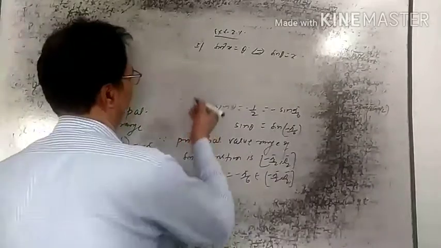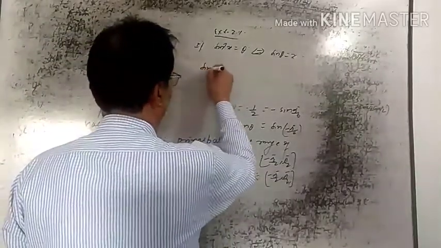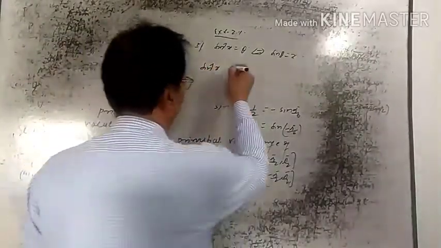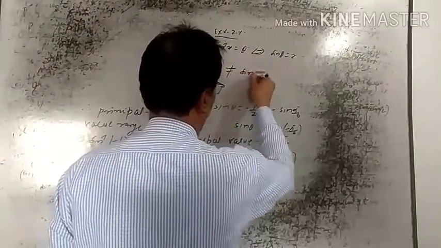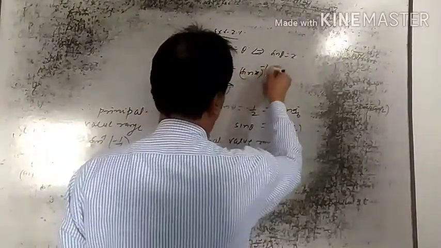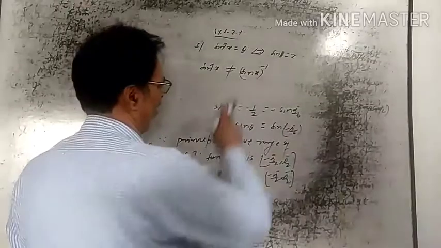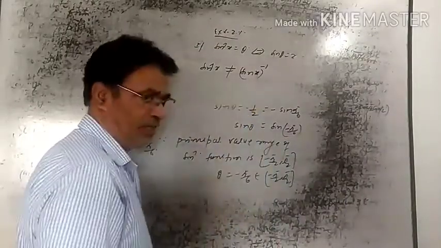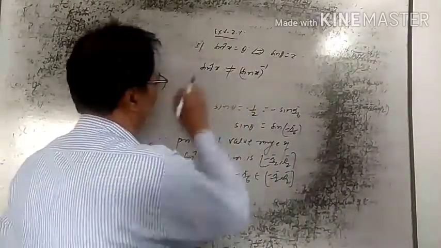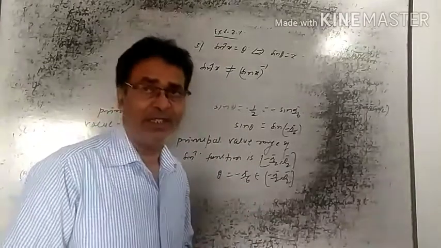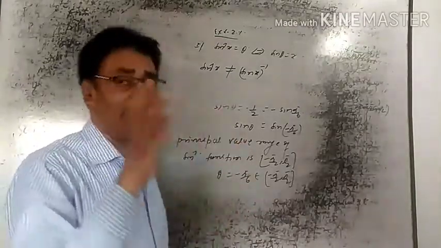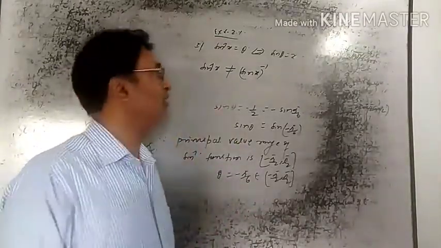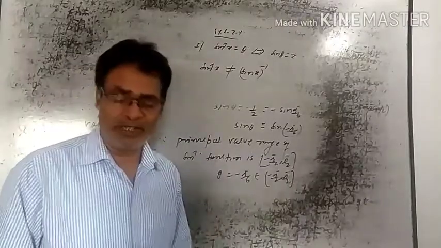Always remember that sin inverse x is not equal to sin x to the power minus 1. That is the reciprocal of the circular function, but sin inverse x always represents a function which is called an inverse trigonometric function.